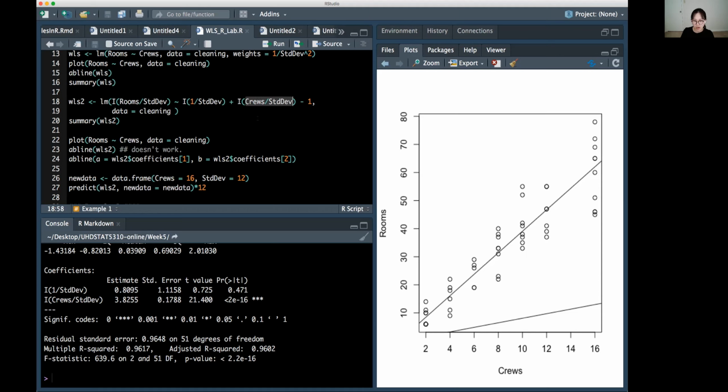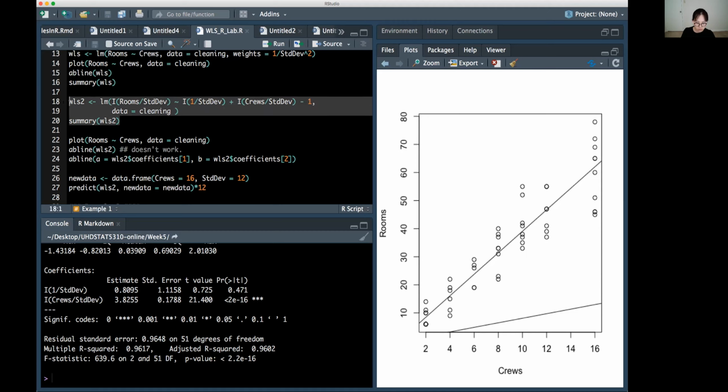It becomes our x2 new, and this becomes our new x1. And we have to remove the intercept because we have no more intercept in this multiple linear regression. It already has x1, x2, and no intercept.